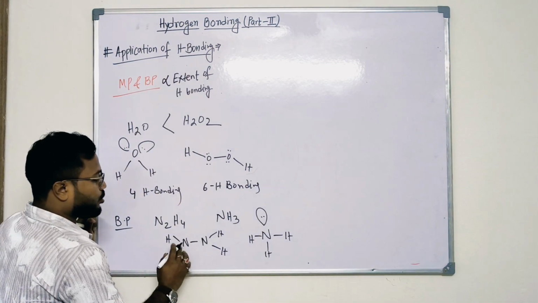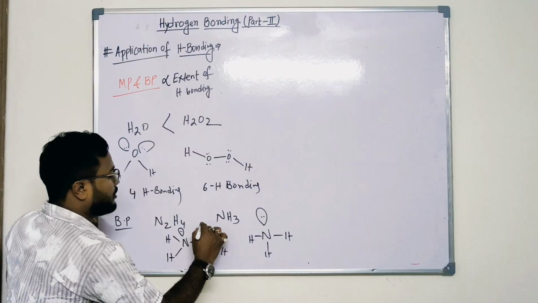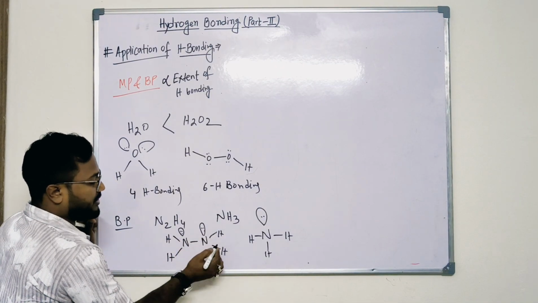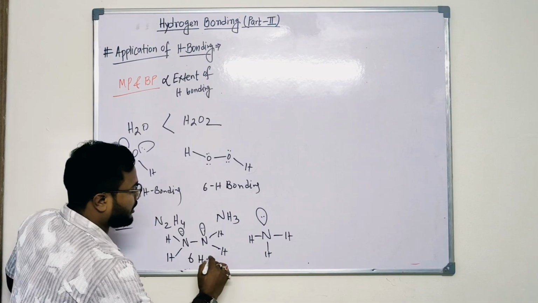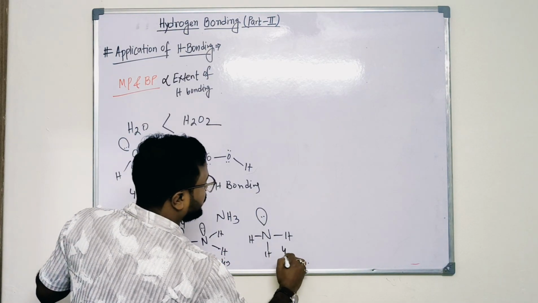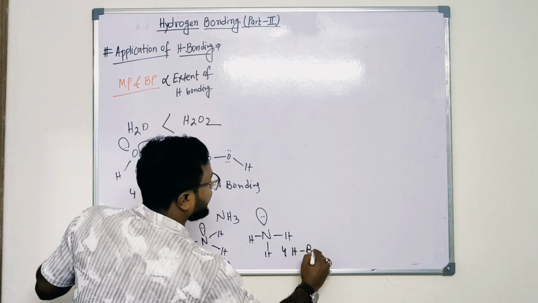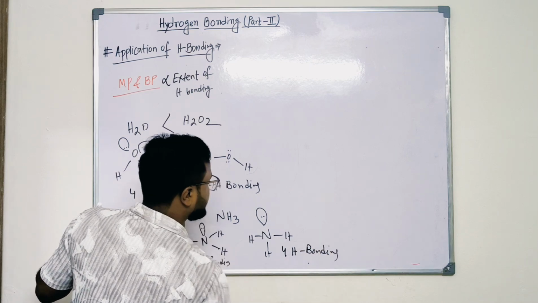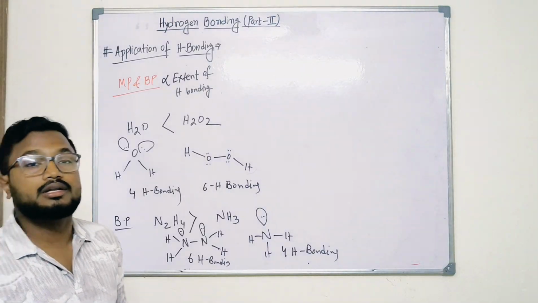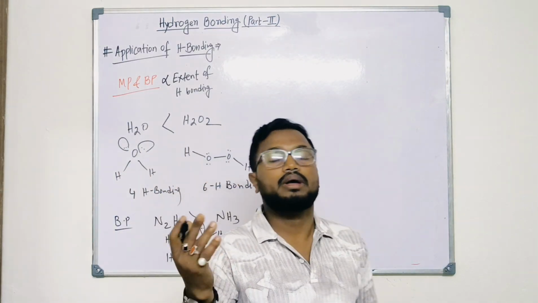In this case, 1, 2, 3, 1 lone pair. Here also 1 lone pair. So 1, 2, 3, 4, 5, 6. Total 6 hydrogen bonding is happening in this compound. In this case, 1, 2, 3, 4. Here 4 H bonding is existing. As a result, N2H4 has more boiling point in comparison to NH3.